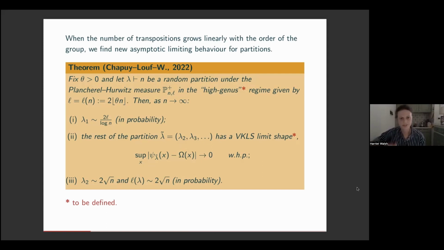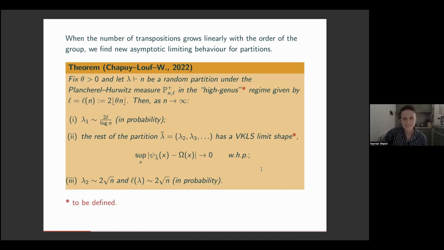So we have the first part, and the length is equivalent to 2 root n, and the rest of the partition has a limit shape which converges in probability to a smooth curve.